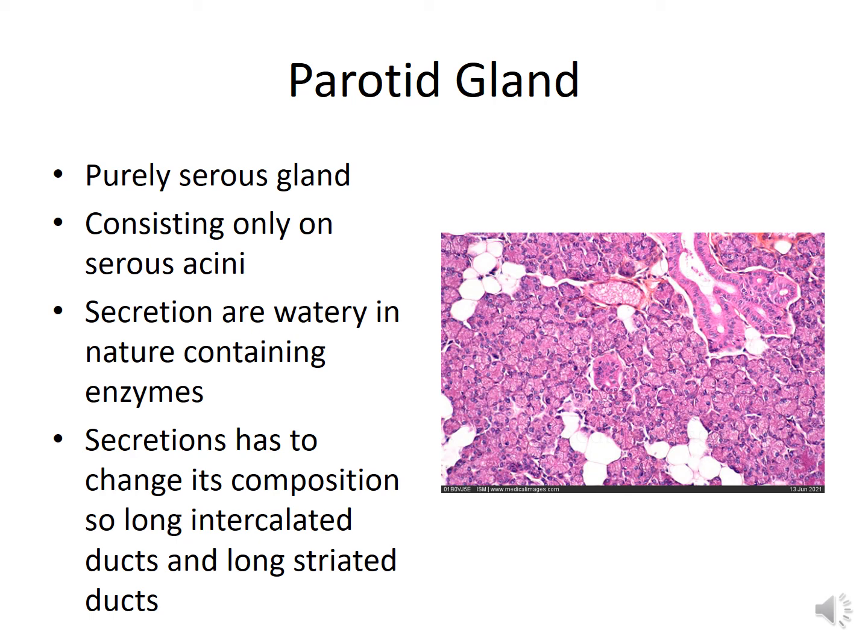Serous secretions are watery in nature, containing enzymes, and the secretion has to change its composition. There are long intercalated ducts and long striated ducts. So how will we figure it out in the histological section? We will have more sections of intercalated ducts and striated ducts in a given lobule in a section.